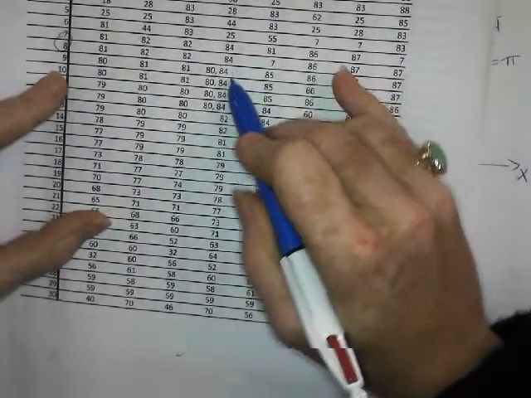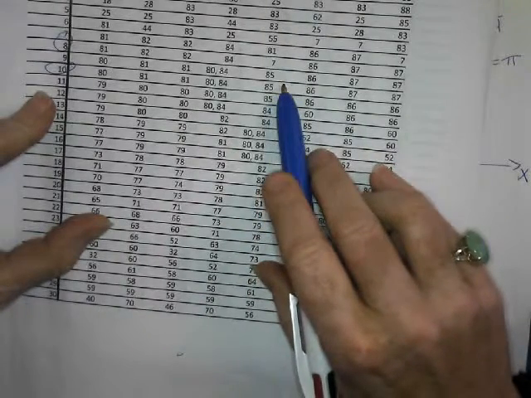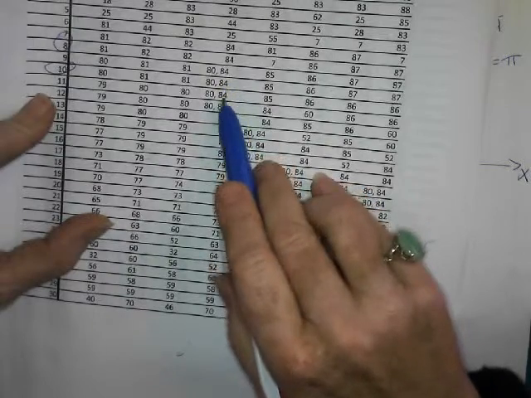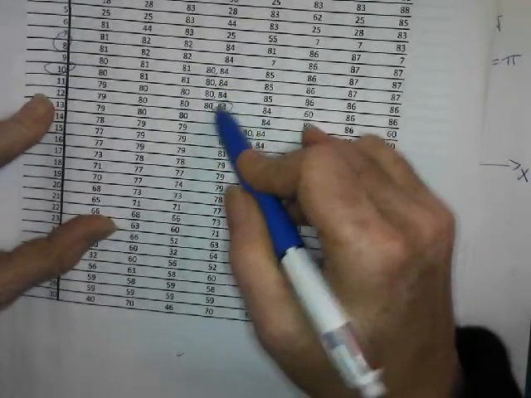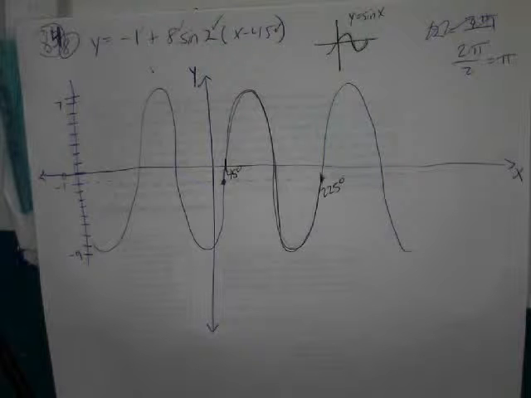Here's 84. So number 8, number 10, I need to do number 10. 8, 10, and 12. So we'll do 8, 10, and 12.